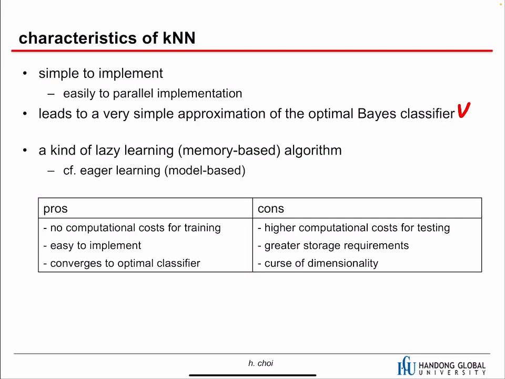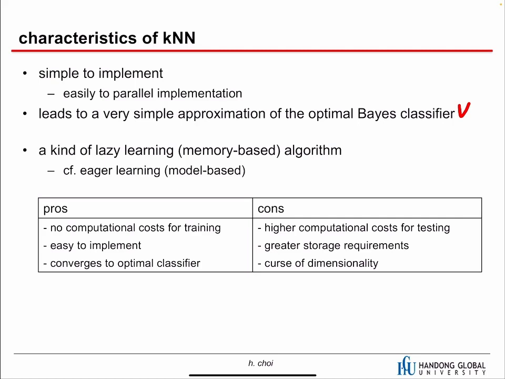And also, it is a kind of lazy learning, or a memory-based algorithm, which means, as I said, we have to memorize all the training samples. Again, when we classify a new sample, we have to calculate the distance from the test sample to all the training samples, which means even when we classify a new sample, we still need the training samples. Model-based learning is different.